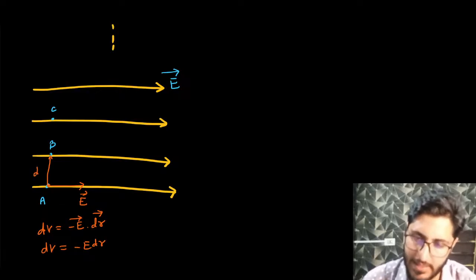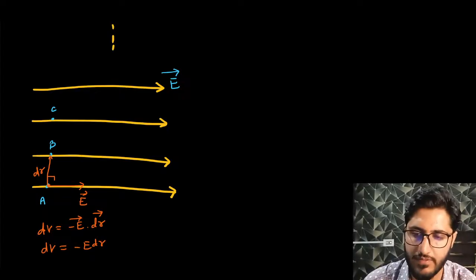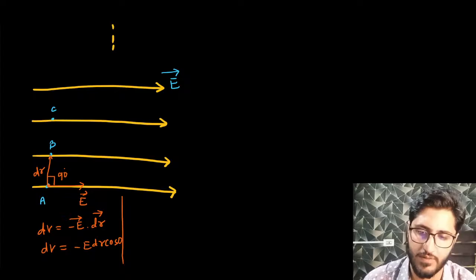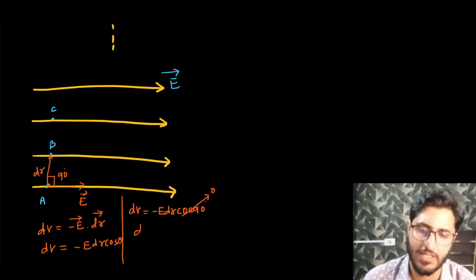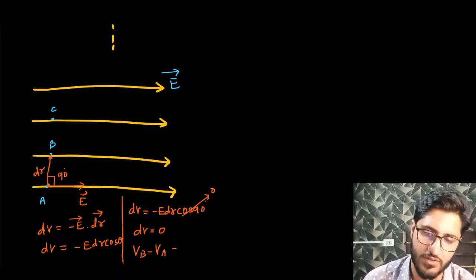Look, this is my dr, the displacement across AB, and this is my E. So the angle between them will be 90 degrees. So I can write dV is equal to minus E dr cos 90, and we all know that cos 90 is 0, so dV came out as 0. So dV, the potential at final minus potential at initial, is 0.